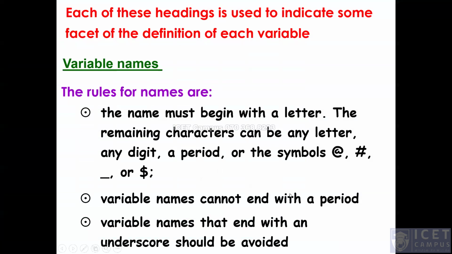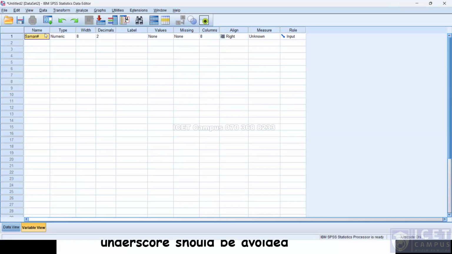Dollar sign. Variable names cannot end with a period, right? We cannot end with a period. Variable names with an illegal character, but we can use periods in the middle, it doesn't matter.